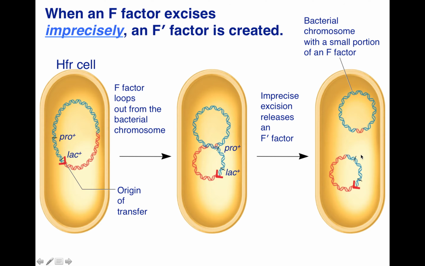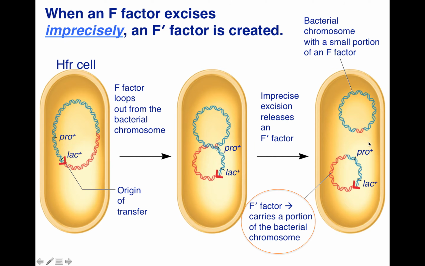When that happens, it usually leaves behind a little piece of the F episome in the host chromosome. And the F prime factor carries a portion. In this case, it's carrying two genes, a gene for proline and a LAC plus gene.